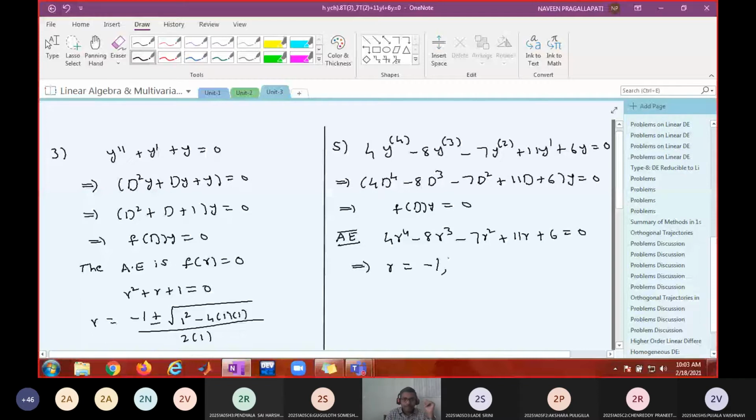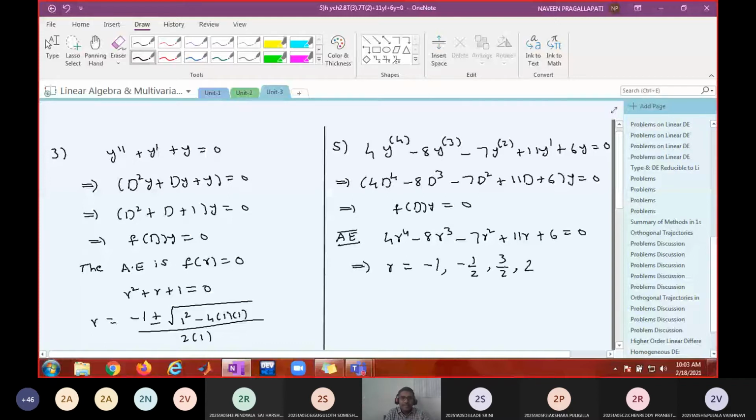Minus 1 by 2. Fine. Remaining 2 and 3 by 2. So I am writing them in the increasing order of magnitude: minus 1 by 2, then 3 by 2 and 2. Is it fine?